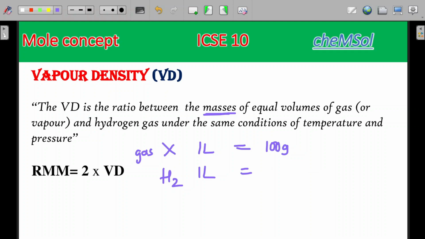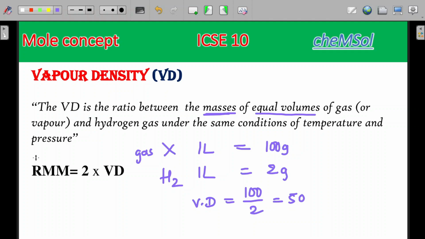Say it is 2 grams. Assume it's not exactly 2 grams, just assume it is 2 grams. Now, how do you find the vapor density of gas X? You will do 100 divided by 2, which is equal to 50. So you have to take the equal volume of that particular gas and the hydrogen gas, then take the ratio of the masses of both. You will get the vapor density of that particular gas which you wanted to find.